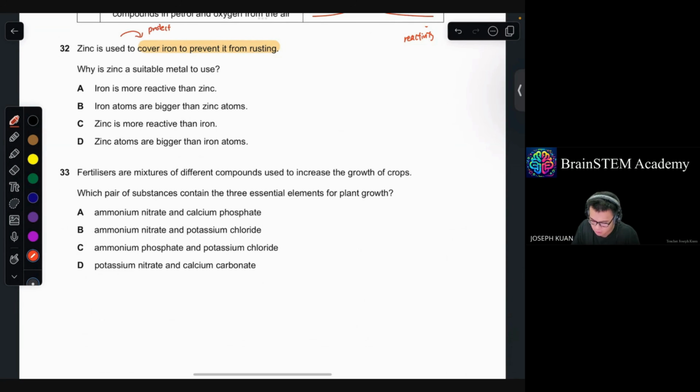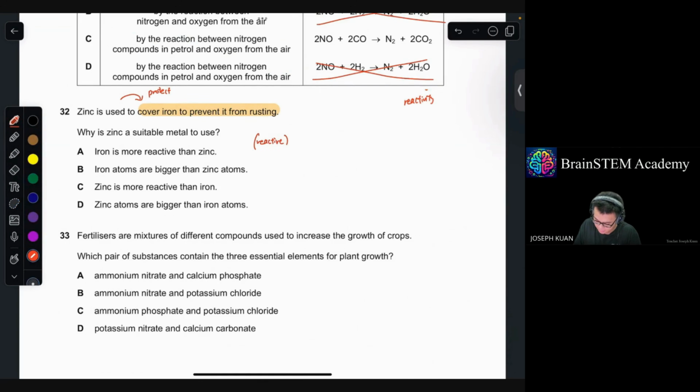In chemistry, we call it reactive. It must be more reactive than iron. Right? So zinc has to be more reactive than iron. So the answer is C. All right, think of reactive as stronger. Okay, the stronger metal will protect the weaker metal from rusting.